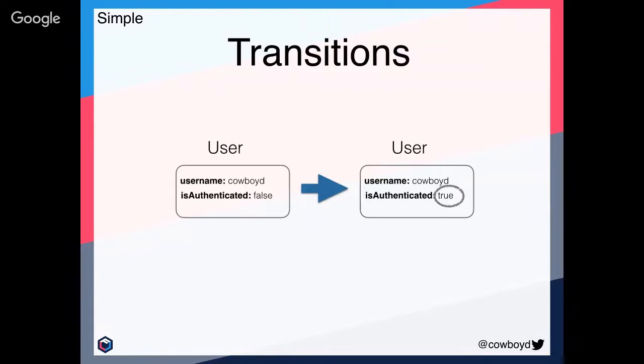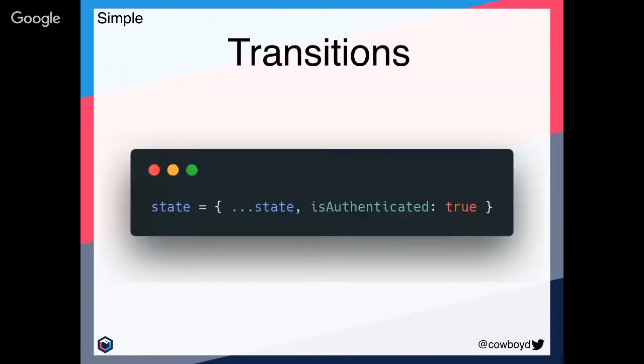We're just going to have a new object that contains the new information. If we were to actually encode this transition, it would look something like this. Something about the user changes, the object representing it changes.